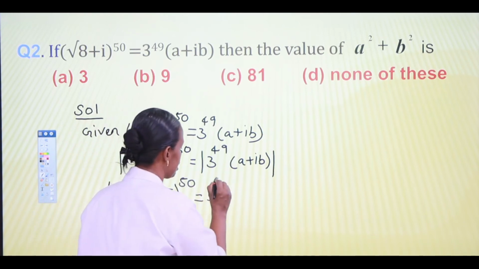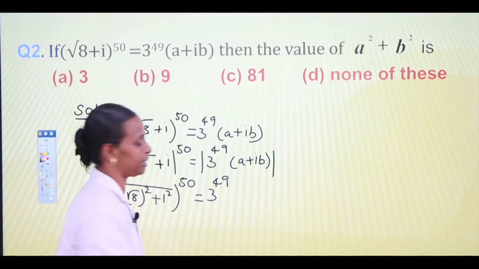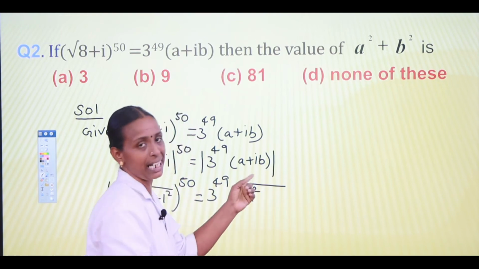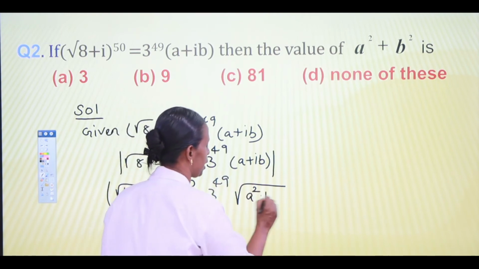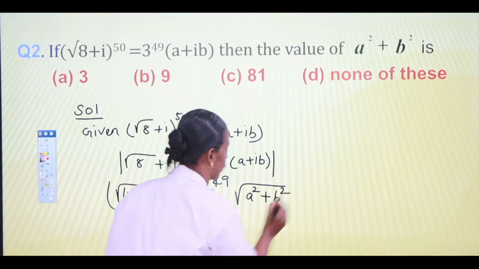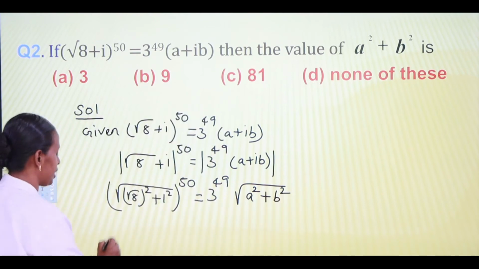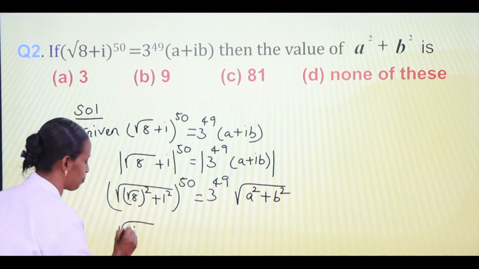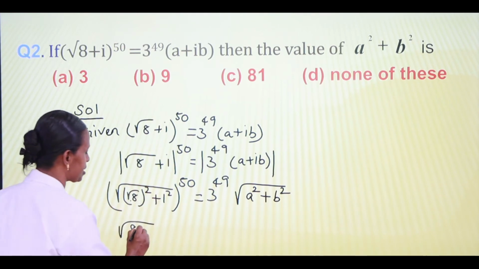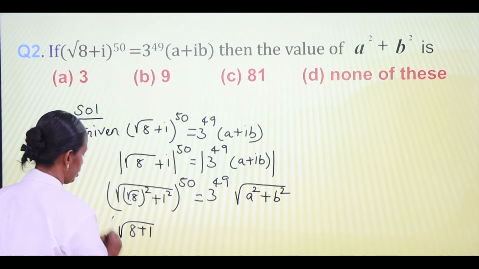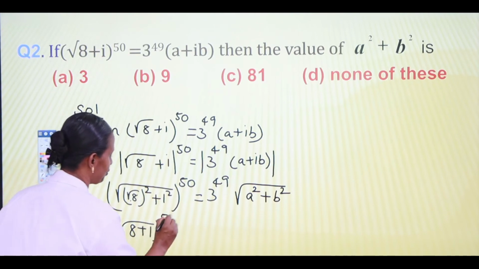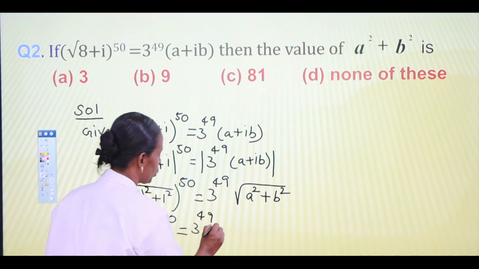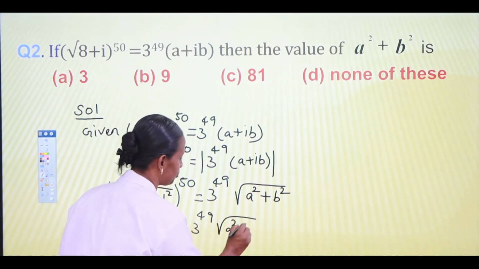Modulus of a plus ib is nothing but square root of real part square, that is a square, plus imaginary part square, that is b square. So square root of (root 8) the whole square is simply 8, plus 1 square is 1, the whole to the power of 50, which is equal to 3 power 49 root of a square plus b square.